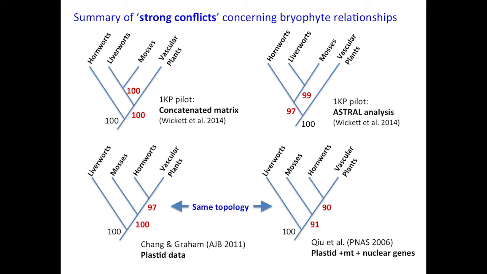These are the same topology, right? But these are all different. So for example, liverworts and mosses are closest relatives here, and they're a grade here. Hornworts are sister to vascular plants here, and they're sister either to the rest of the land plants or to this group of bryophytes here. So really, these are really different trees, and they have very different implications for character evolution.